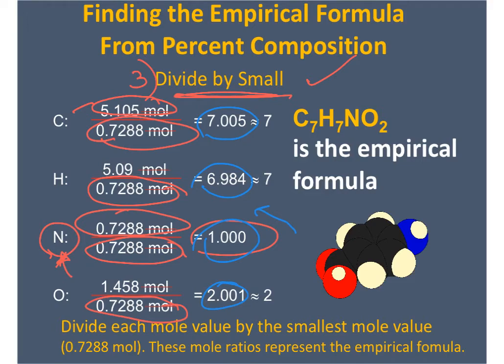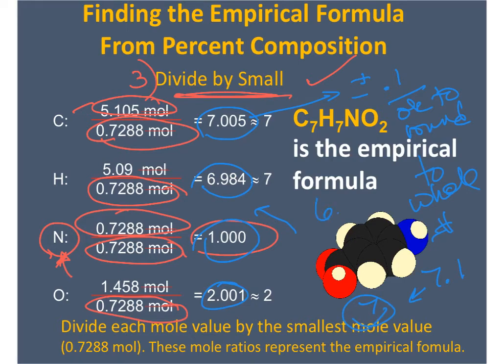And so the guideline I tell my students is that if the number you get is plus or minus 0.1, it's okay to round to the whole number, okay? So if you had 7.1, it's okay to say that's close enough to a whole number 7.